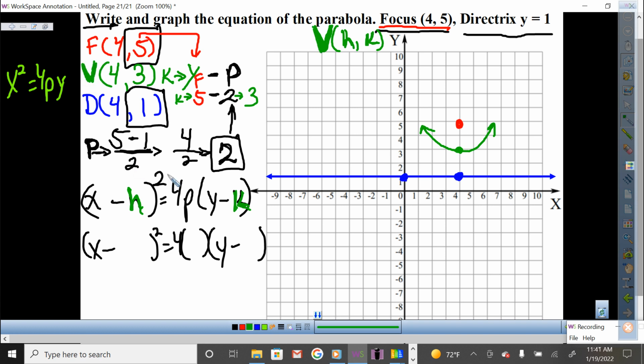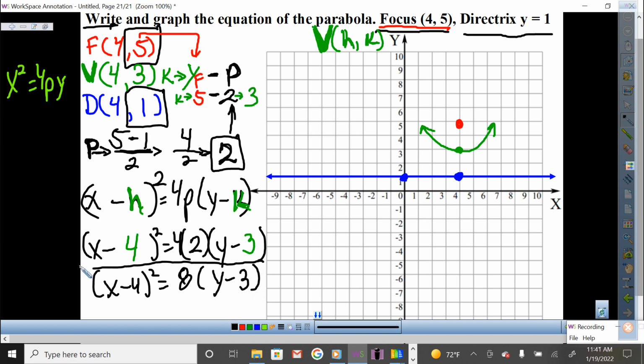Miguel, go. 4 and 3, yes. How about p, everyone? What is p? 2. And then we just rewrite this. x minus 4 squared equals 8, y minus 3. That's our standard form equation of a parabola.